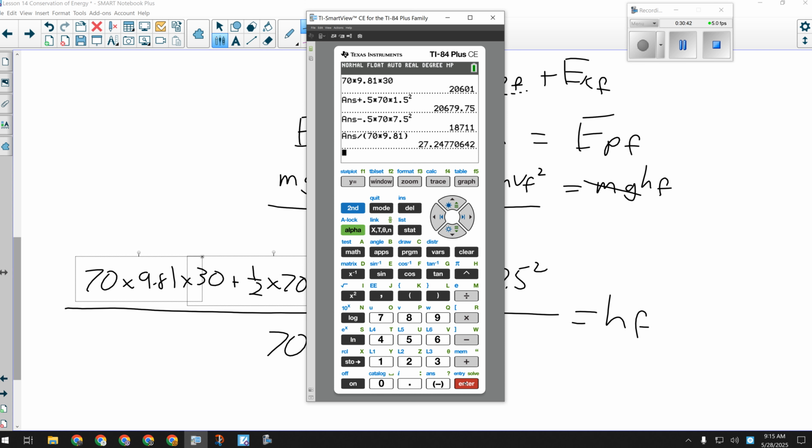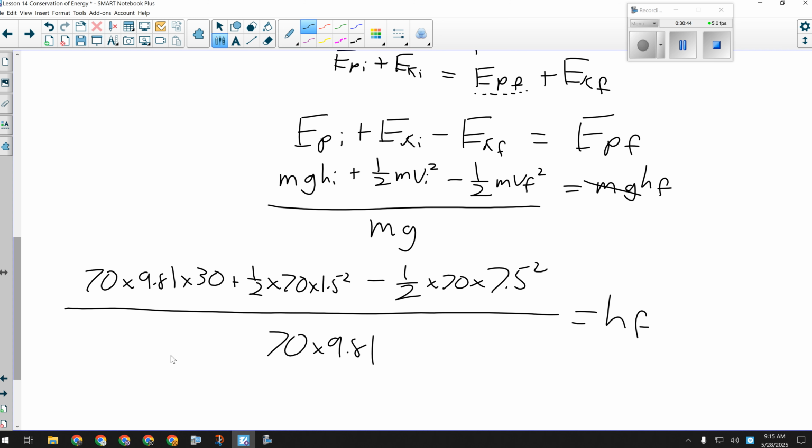Our answer here would be 27.2 meters as our final height. This is probably the most algebraically involved stuff that you will do in this course. There's a lot of stuff to move around, but the pattern will always be the same.